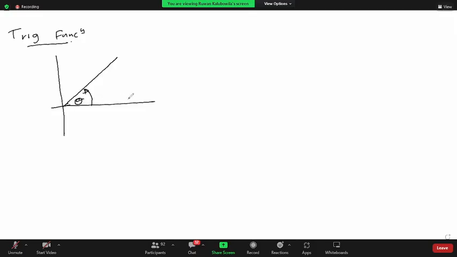If you draw these kinds of lines and define an angle, then we have to put names.